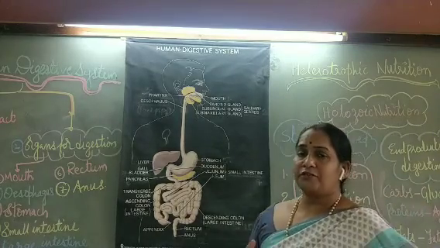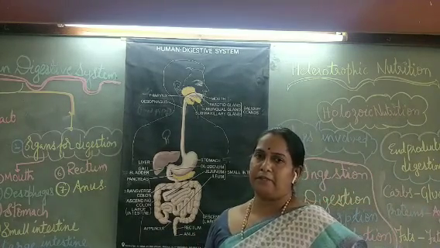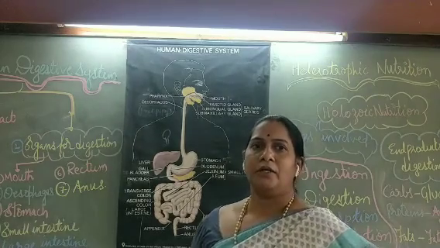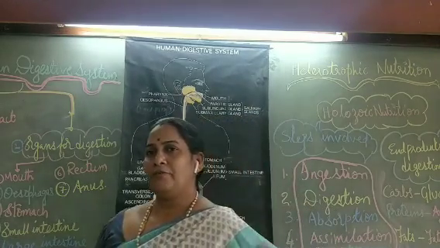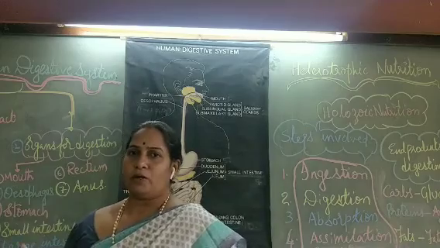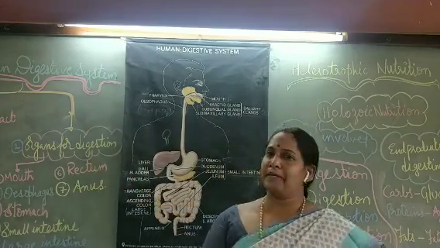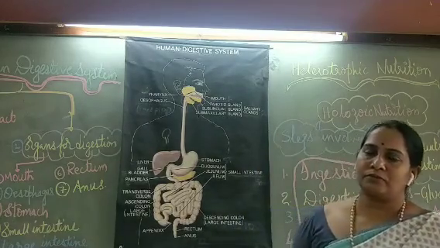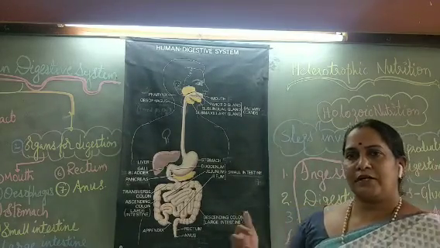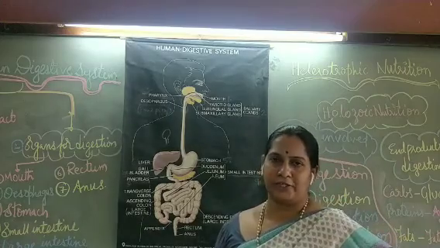The nutrients we take in the form of food are very complex, and these complex food materials have to be broken down. For that we need a very well organized system so that the complex substances can be broken down into simple compounds ready to get absorbed and utilized.